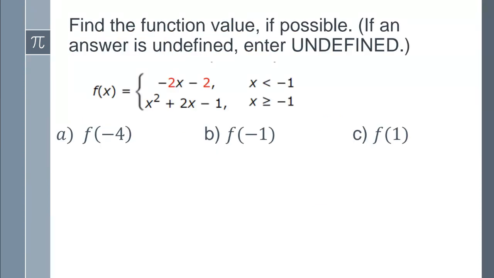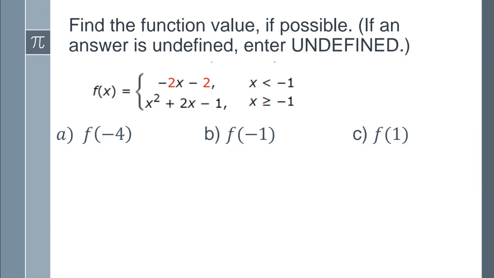So we are going to continue evaluating functions, but now we have the scary looking thing, right? This is what's called a piecewise function. It's called that because it's a function that's made out of two pieces or two individual functions. If you see here, we have this function that has a minus 2x minus 2, and then it's also made out of this other function that has x squared plus 2x minus 1.